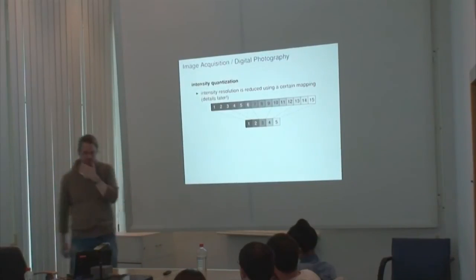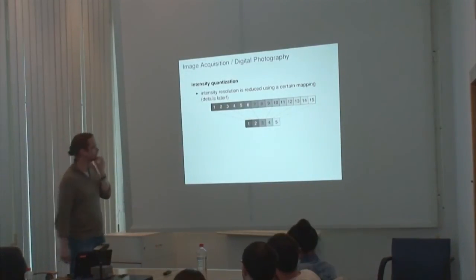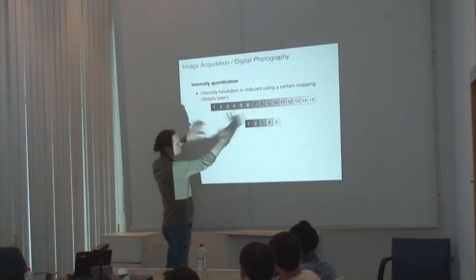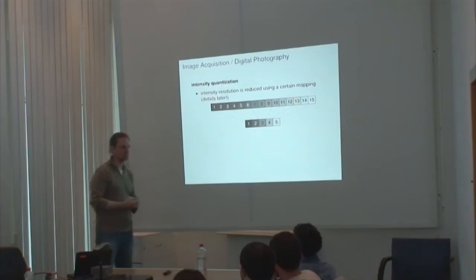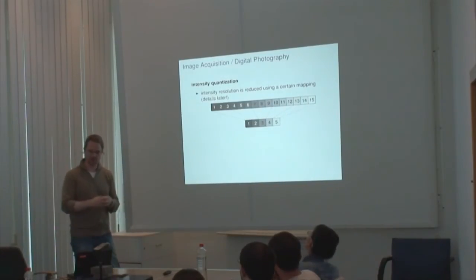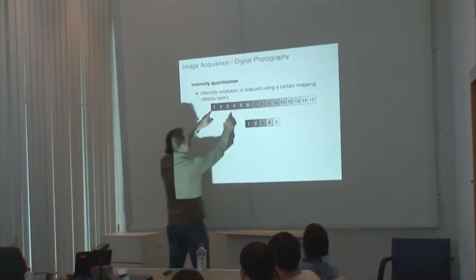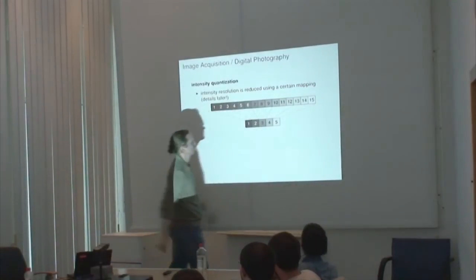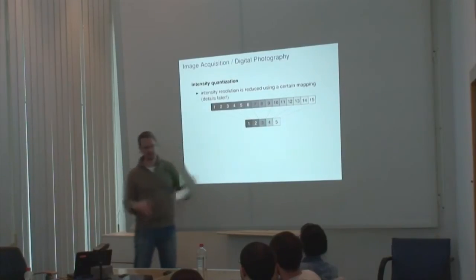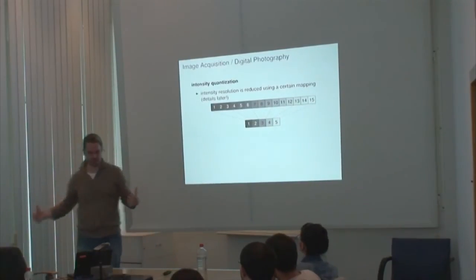This is called quantization. What's happening here is that the whole spectrum of charges that could be recorded is quantized into bins, where the lowest bin represents a certain range of possibly recorded charges.